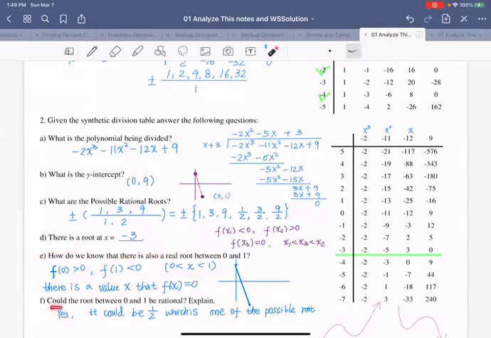And next question. Could the root between 0 and 1 be rational? Between 0 and 1, there are infinitely many solutions. 0.001 satisfies between 0 and 1. 0.5 also satisfies between 0 and 1.